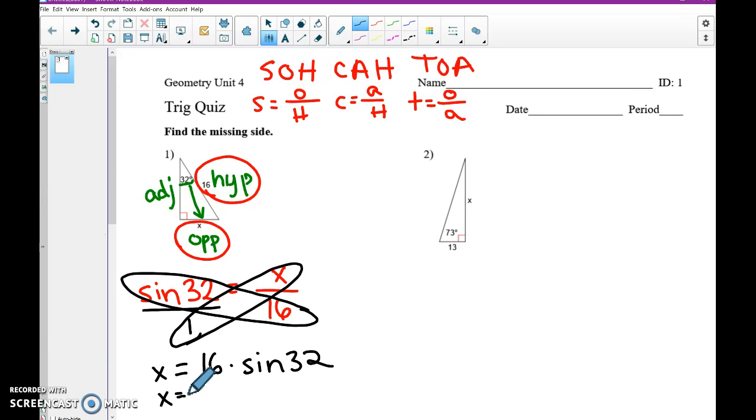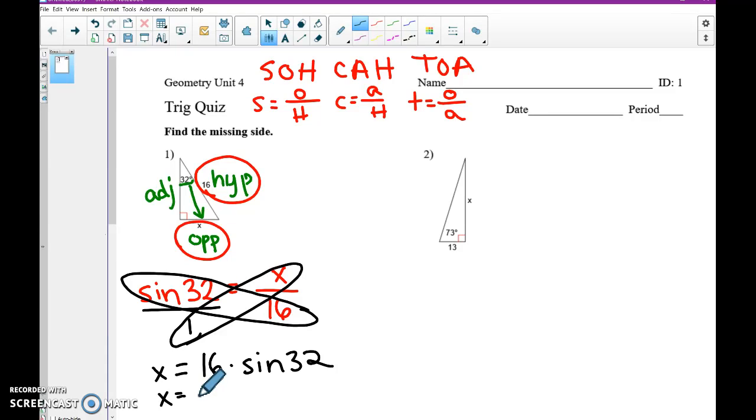However, if you're borrowing one like mine, the Casio ones I believe they're called, you have to go a little bit backwards. On the ones we're using in class, you have to type in the 32 degrees first, then hit the sine button, and then multiply by 16. So you've got to be careful what you do. Don't do 16 times 32, then hit sine, because then you're going to get the sine of 32 times 16.